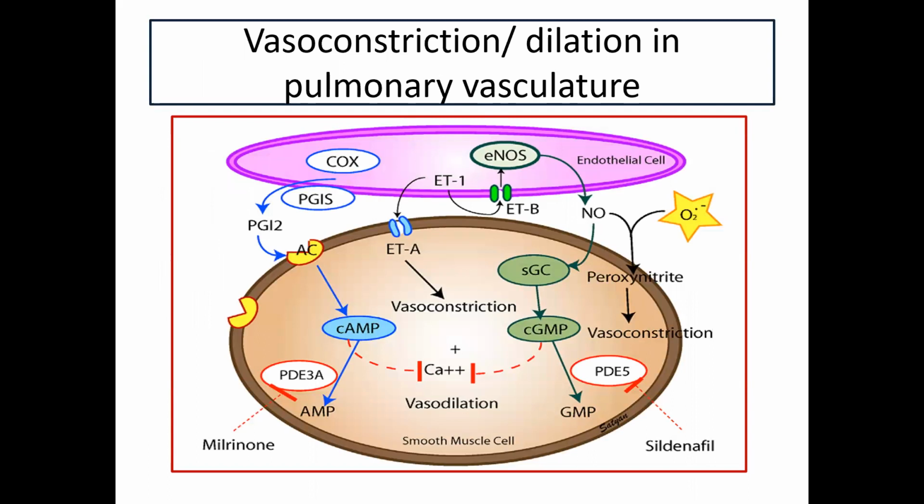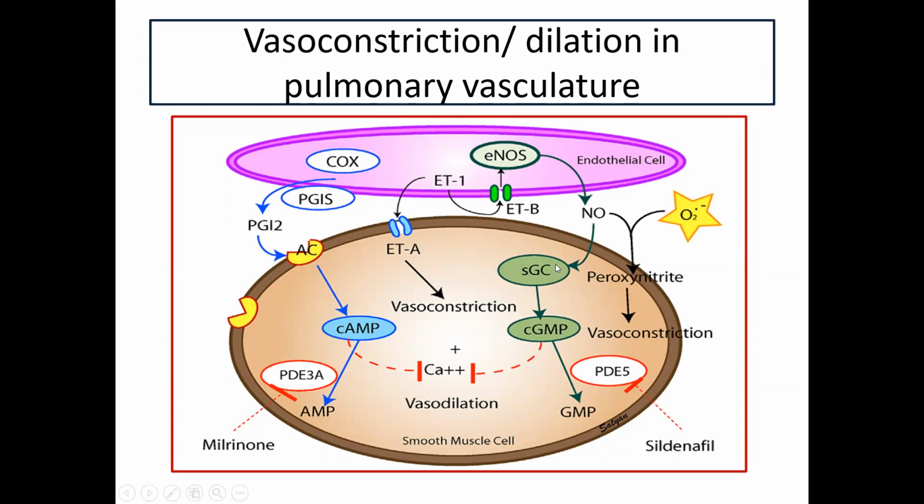So let's see the role of some of the inflammatory mediators that we just discussed in PPHN, and this in turn will help us to understand the mechanisms of action of some of the drugs used in PPHN. So like we discussed, the pulmonary endothelial cell has these levels of the endothelial nitric oxide synthase, which help in production of nitric oxide per se.